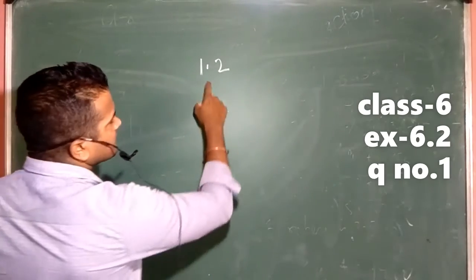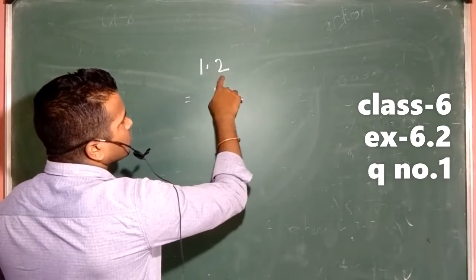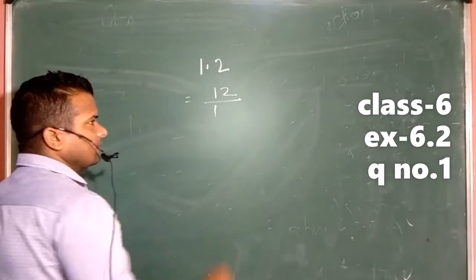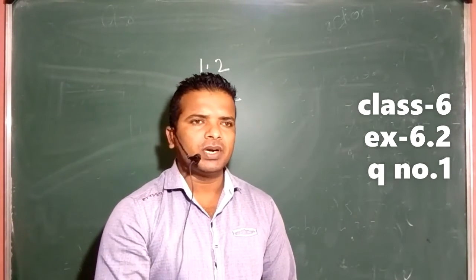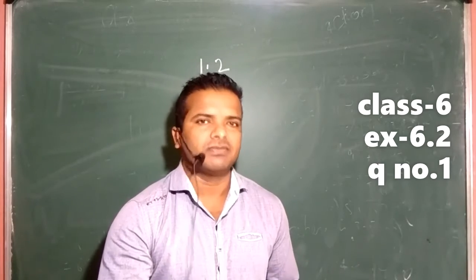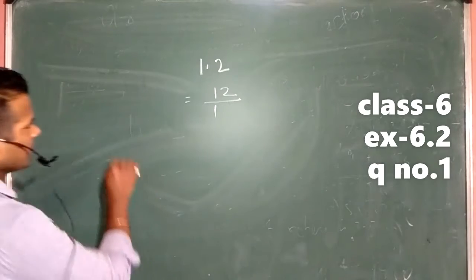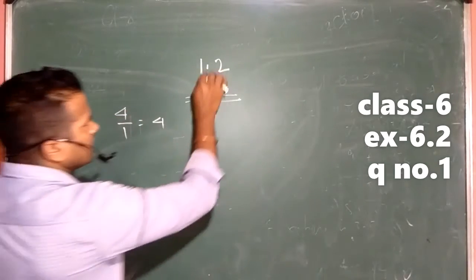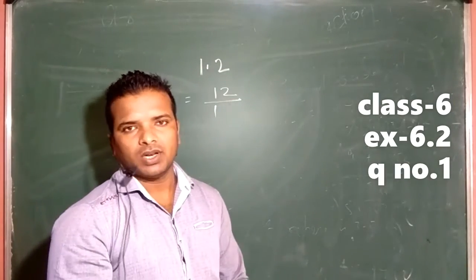So how will we convert? Simply we'll write 12. In 1.2 the point is removed and we write 12 by 1. Any number divided by 1 is the number itself. For example, 4 by 1 is simply 4.